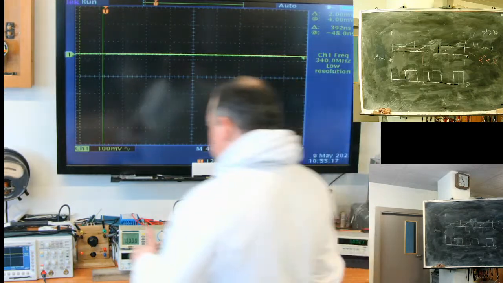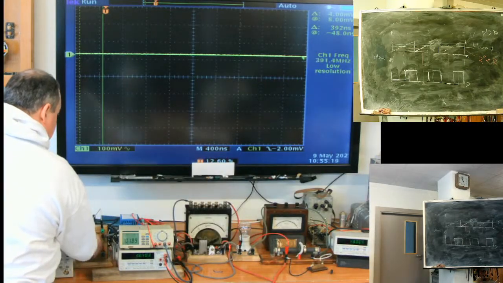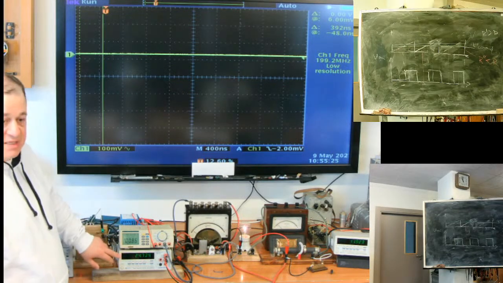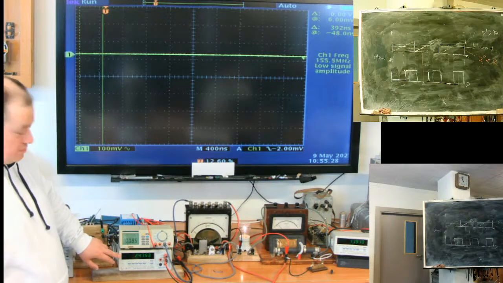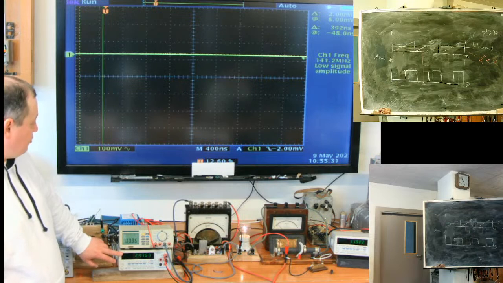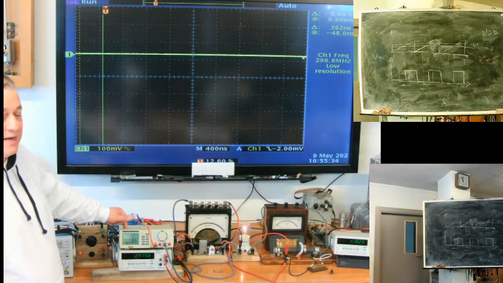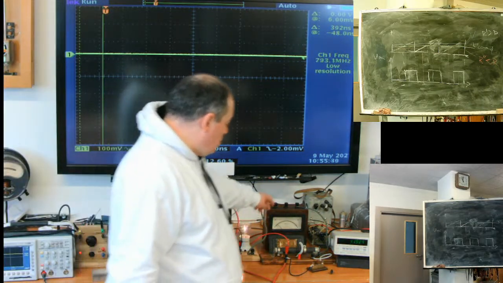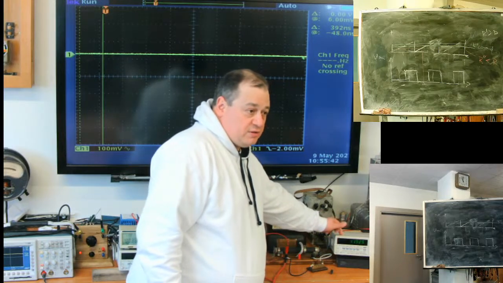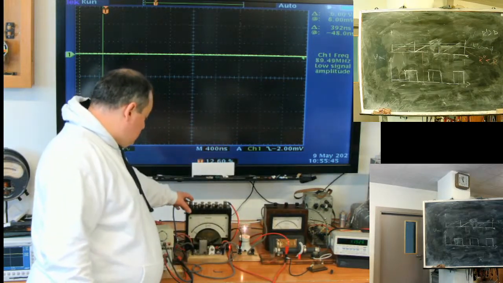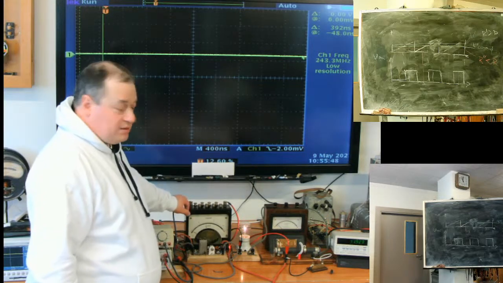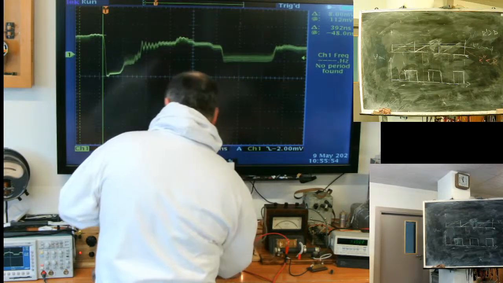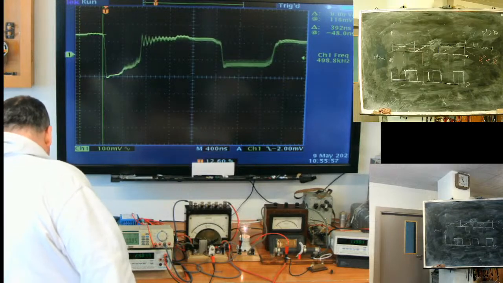Voltage. Come here. What do I have here? This one is the supply voltage. This one is the supply current. Load current, load voltage. And this analog meter, supply current. And where is my, I can switch, wait a second.